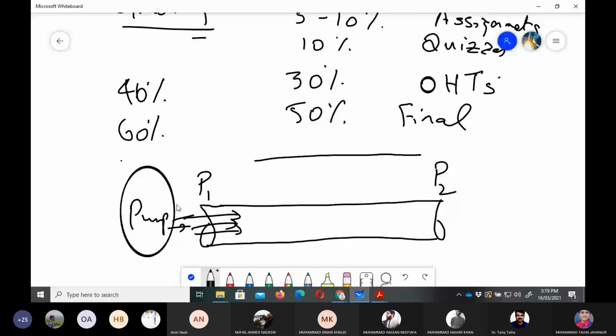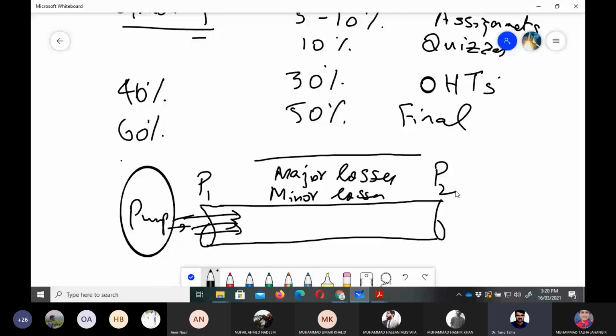So in this we have major losses and minor losses. Major losses, I have told you, are due to frictional losses present at the pipe surface. Minor losses are due to valves, bends, anything like a sudden expansion or a T joint.